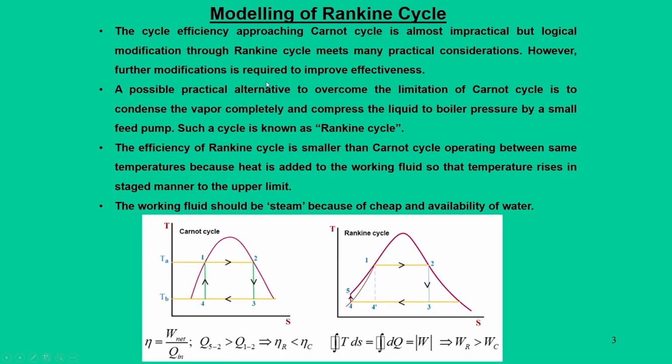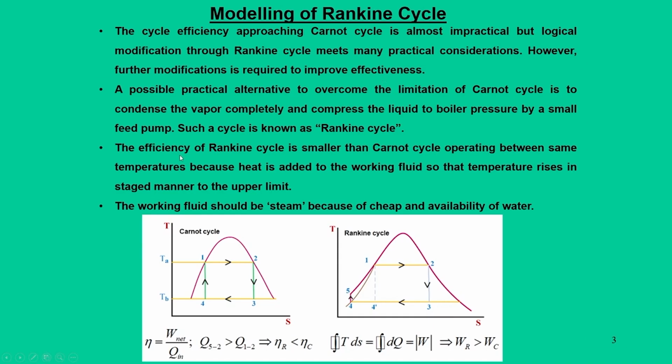To summarize some of the important inferences, the first thing I need to emphasize is that the cycle efficiency of the Carnot cycle is almost impractical, but we can make some logical modifications through a Rankine cycle, and in fact, it meets many practical needs and demands to improve the effectiveness.